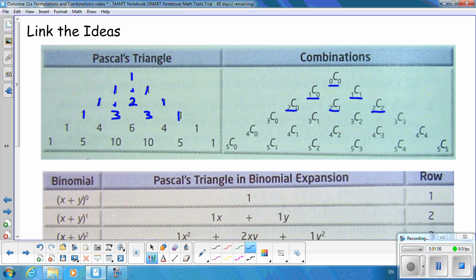So that row, although it's row 3, our n value is 1 less than that. So the n value in those combination coefficients are all 2's. And then we start at 0 and count upwards for our r values. The fourth row, our n value is 3 all the way across the row, and our r value starts at 0 and goes up to 3.